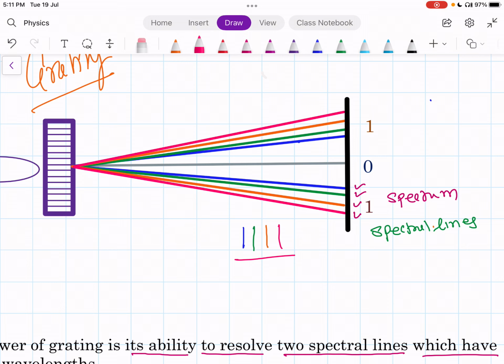But then what is the resolving power of this grating? Suppose there are two wavelengths which are nearly equal. If that grating can resolve those nearly equal wavelength lines separately, then you can call it the resolving power of the grating.